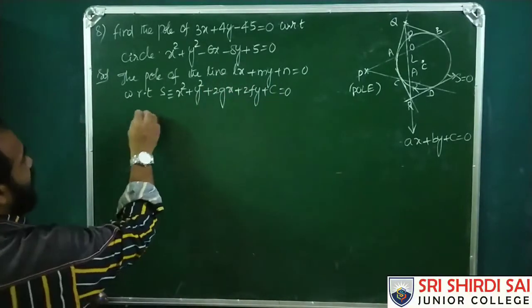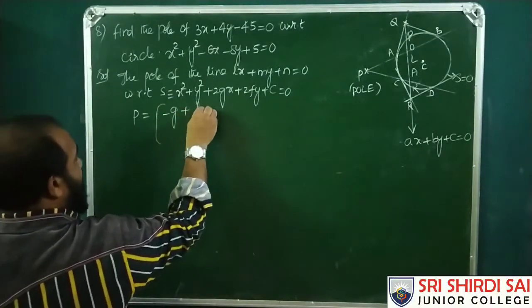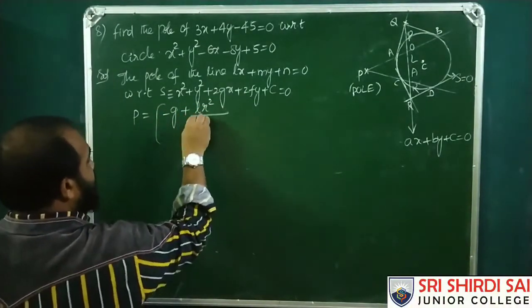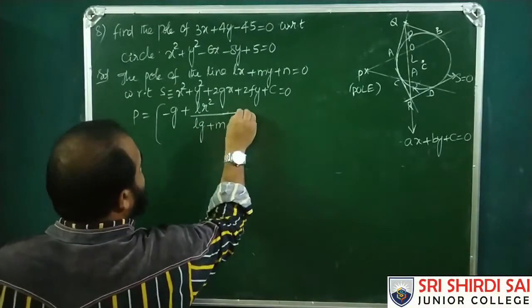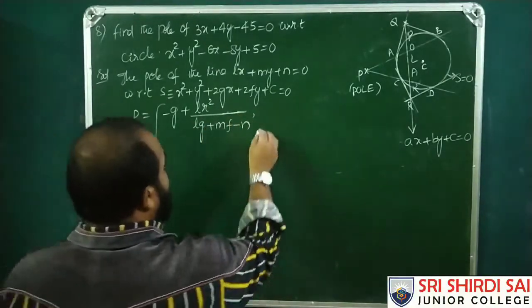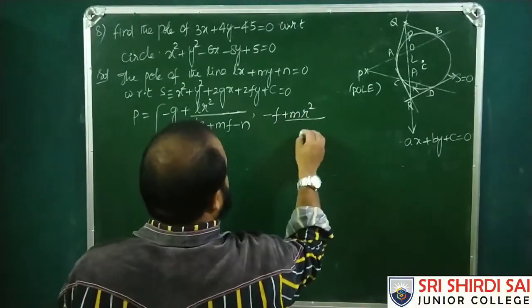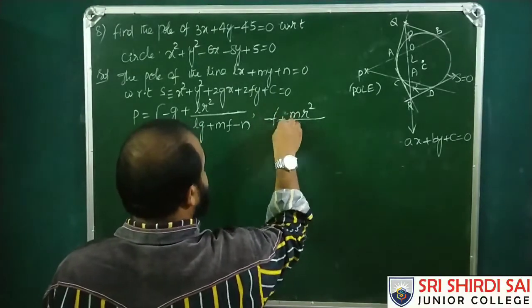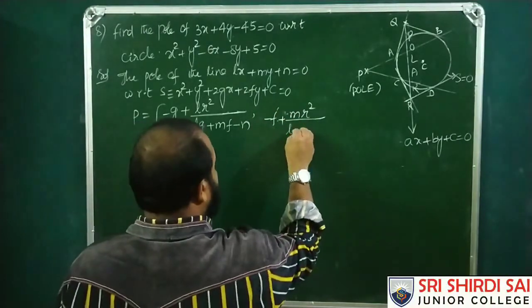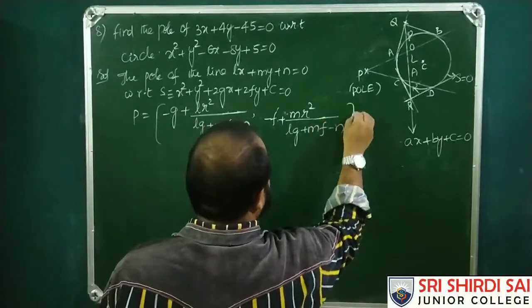So for this, the pole P is (minus g plus l r square by (lg + mf minus n), minus f plus m r square by (lg + mf minus n)).